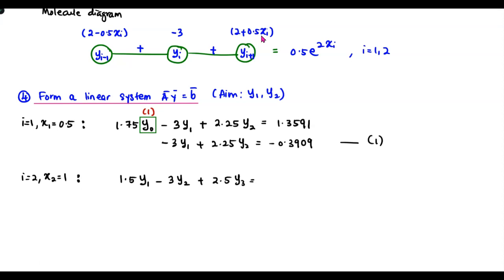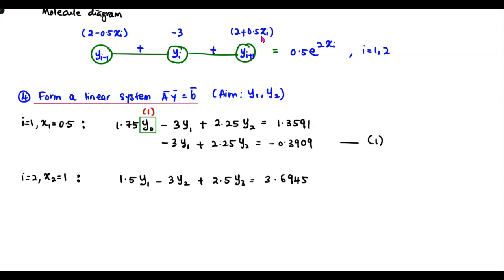so you only have 0.5 times exponent of 2, so that value is 3.6945. Okay, so in this equation, all of the y terms that you can see at the left, one of the y's can be replaced.